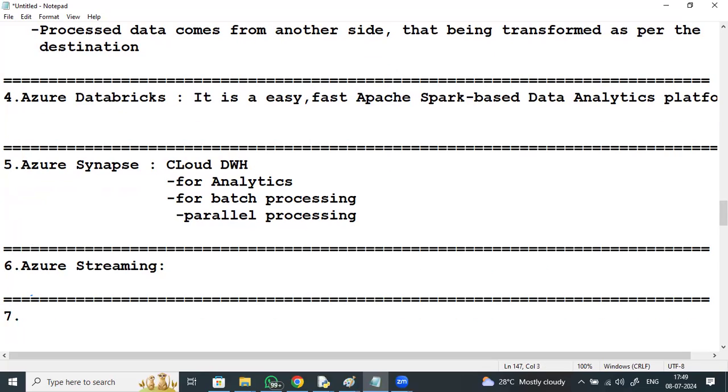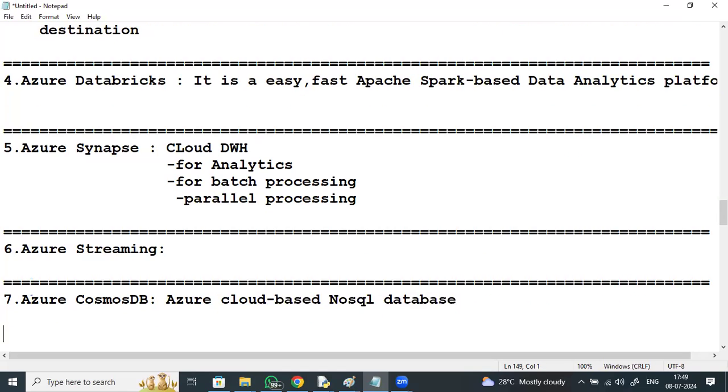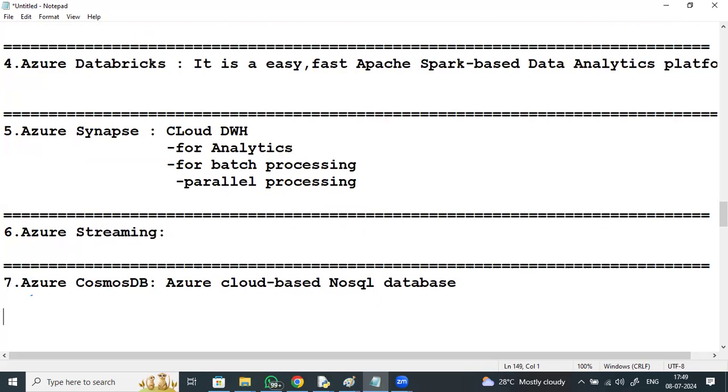Azure Cosmos DB. I'll just discuss all this in brief. Cosmos DB is a kind of cloud-based, Azure cloud-based NoSQL database, right? It is a multi-node NoSQL database, fully managed, for modern application development, right?